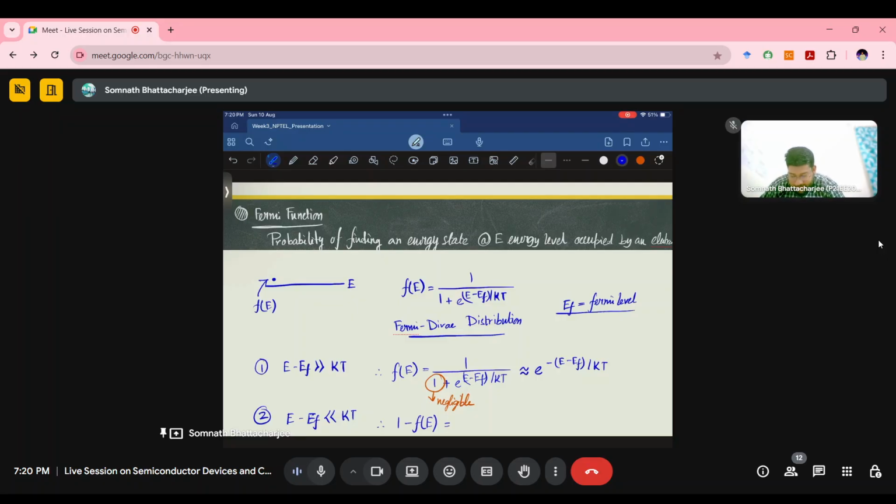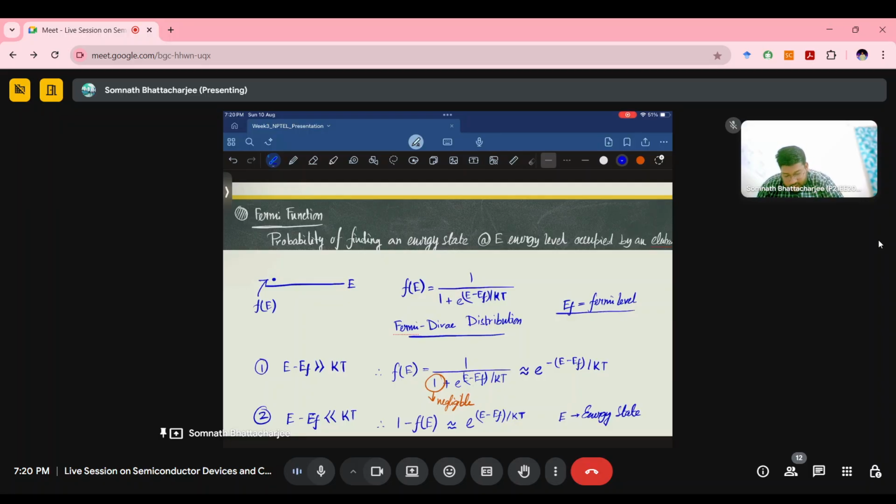It can be written as e to the power of E minus EF by kT. So E is the energy state here, and the probability of not finding an electron within this energy state is the value of this.